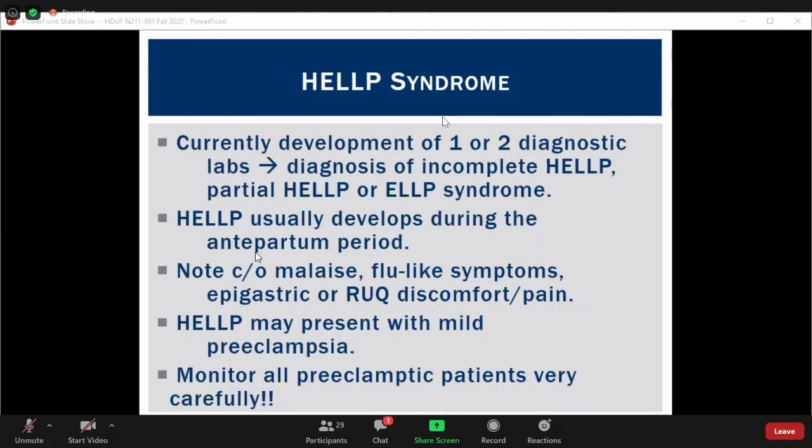She may have HELLP syndrome. So you have to ask her these extra questions. Have you had any heartburn? Do you have any discomfort, you don't say right upper quadrant, they won't know what you're talking about, but you explain to them where you're speaking about, because sometimes you have patients that present straight away with HELLP syndrome.